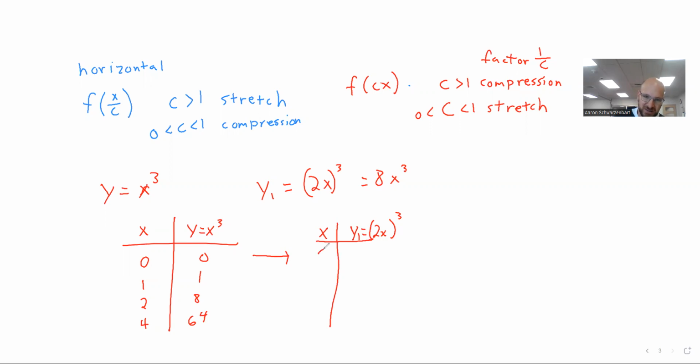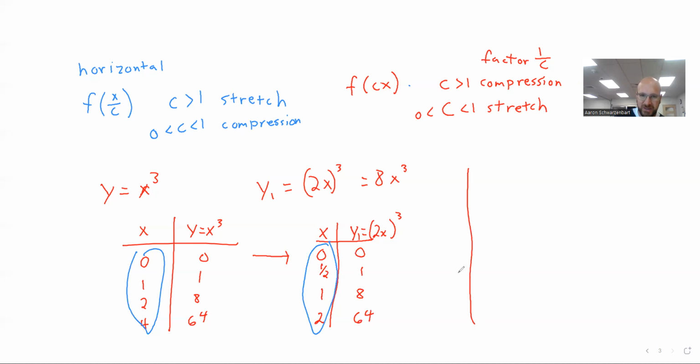So 0 still stays at 0, and I'm dividing by my 2. 1 becomes 1/2. 2 becomes 1. 4 divided by 2 becomes 2. And my y coordinates stay the same. So really what I'm doing is taking my x coordinates and transforming them by dividing them by a scale factor of 2.